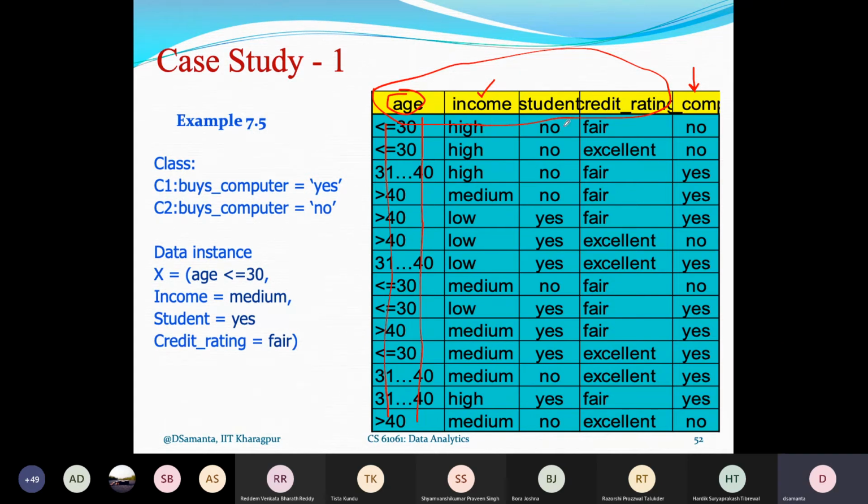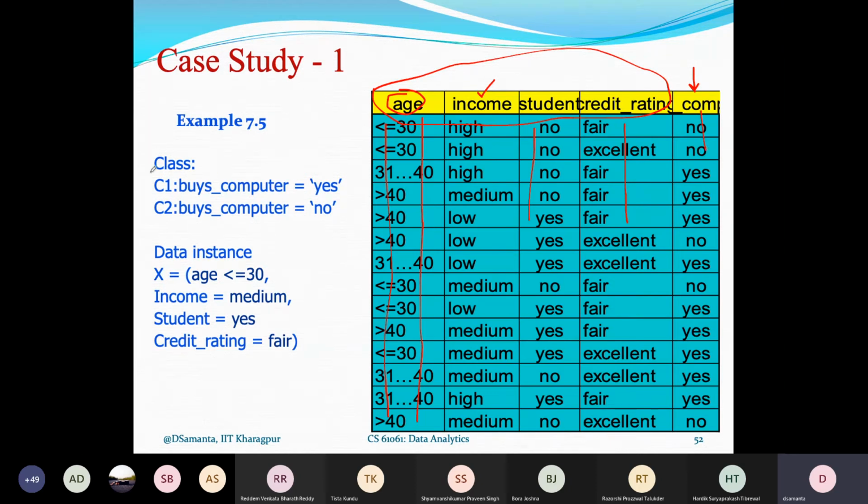Now here, student category, yes or no, whether the customer is a student or not. So there are only 2 values. So it is a binary attribute. And then credit rating is also a categorical attribute. So fair, excellent, only 2 different values. And then whether the commission will be given or not, that is actually the class level, 2 class levels. So it is actually whether the customer can buy, yes or no.